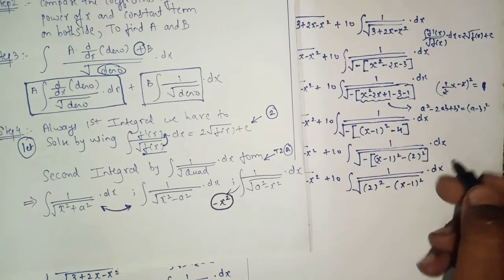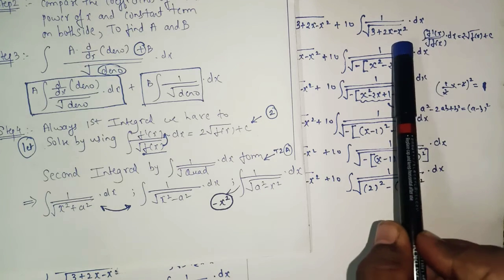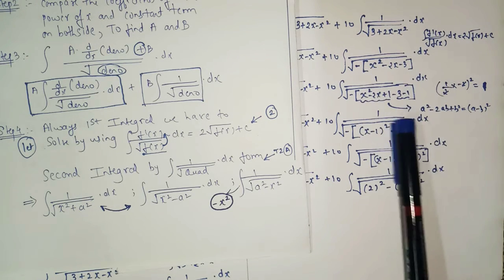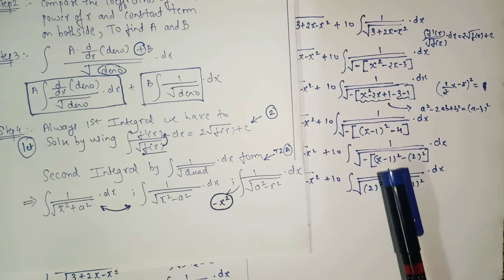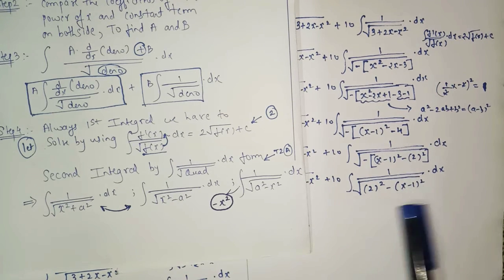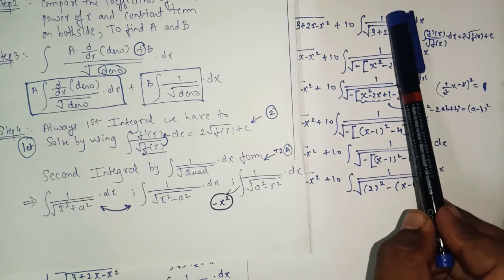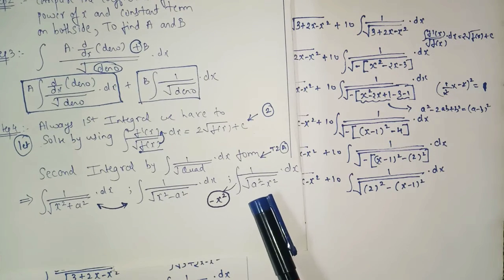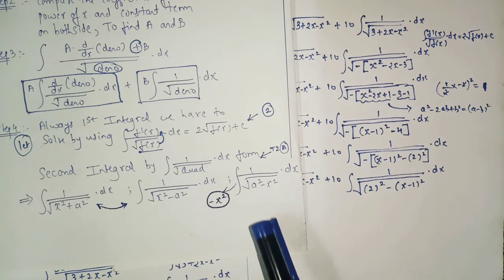I hope you all might be knowing why we are doing this step. Whenever the symbol of x square is negative, see to it that first make it positive. Go on solving the sum at one level, what you will do, you will bracket open with this minus to compare this step with the third equation, because we know that whenever the symbol of x square is negative, always and always we have to apply the third formula. So for that only I had converted this section into this format.